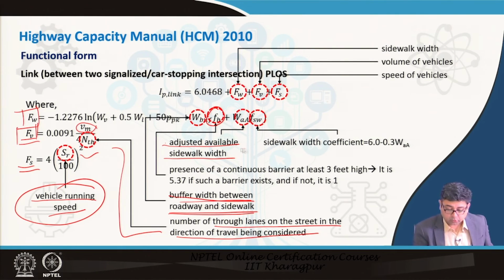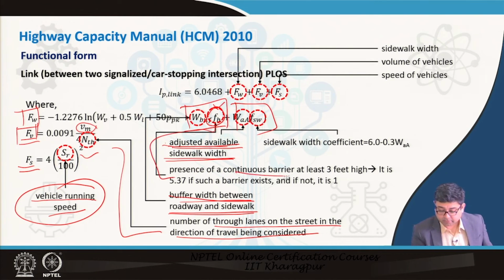With that buffer width, you have to multiply a factor which tells you the available sidewalk width. That factor multiplied gives you this element. Similarly, for the last element, this factor is the presence of a continuous barrier at least 3 feet high. All right.